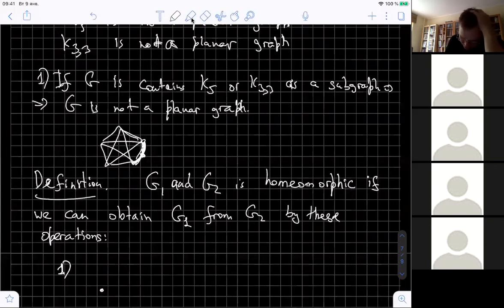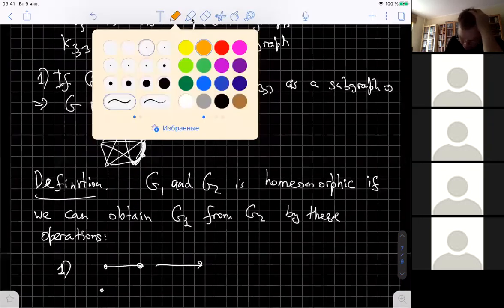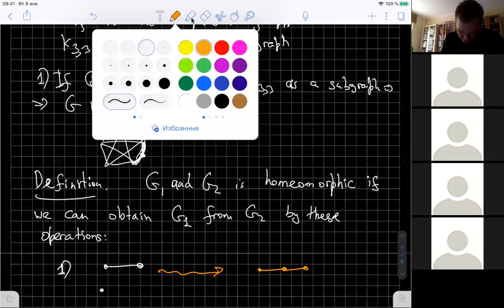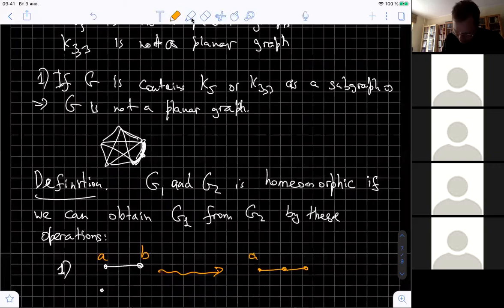So this one edge we can write as one new vertex and two new edges. So if you have A, B here, it will be A, C, B here.